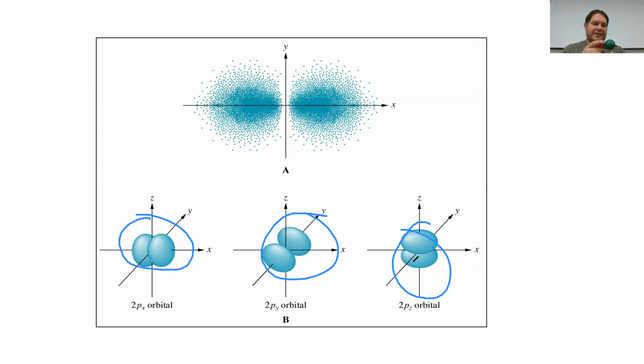Now, what really happens in the atom is that these p orbitals are actually going to combine. All 3 of them are going to combine together. And when they combine, they're going to form what we call a subshell.